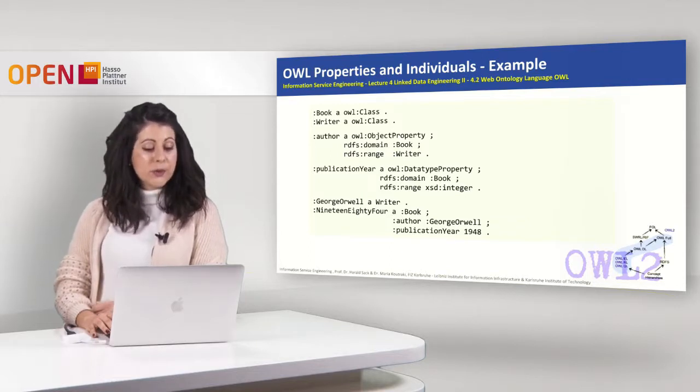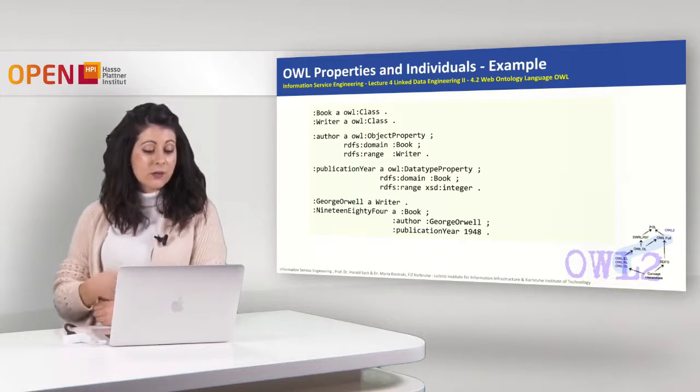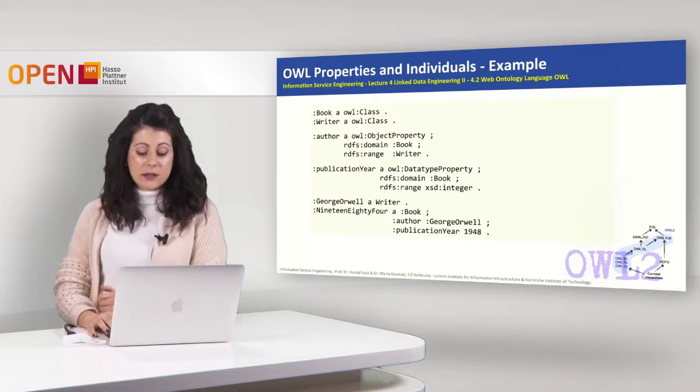Then comes another property, the publicationYear, which is of type owl:DatatypeProperty. So this is a datatype property. We define again the domain here being Book and the range an xsd:integer, as it's a datatype property.